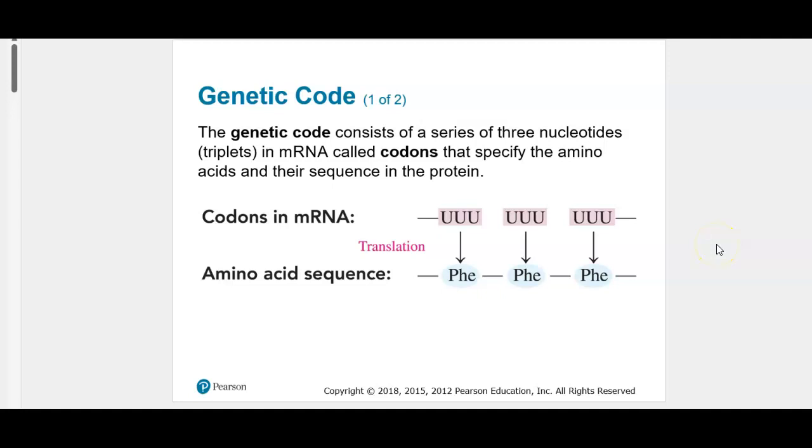This particular sequence UUU that they give is really the first sequence that was definitively found to code for an amino acid. Phenylalanine was the first one identified, because it just happens to be the one translated from the codon UUU.